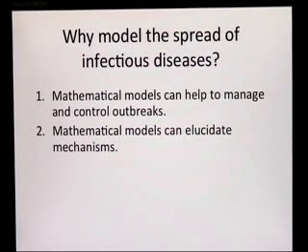Two, mathematical models can elucidate mechanisms. So you're going to see this soon, probably in the second lecture, with what's called R0, the basic reproductive rate. This is the key quantity for an infectious disease. Somebody tells you they're studying an infectious disease or there's an outbreak, you want to know R0, and you'll understand very clearly why in the second or third lecture.